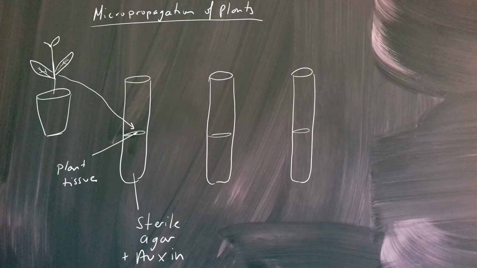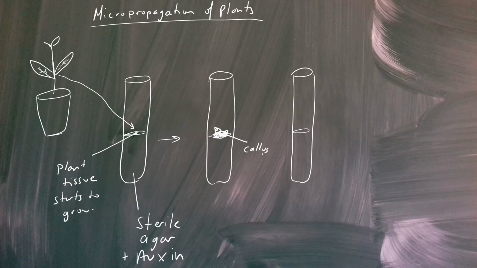And what the auxin will do is cause these cells to divide. And so basically the plant tissue starts to grow because we added this hormone. Then after some time it will start to grow this weird amorphous ball of cells that doesn't look like a plant. We call this a callus.